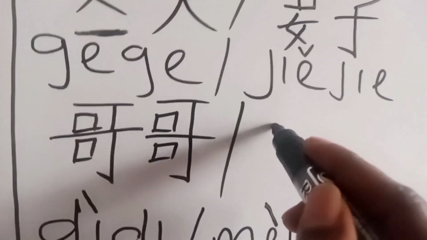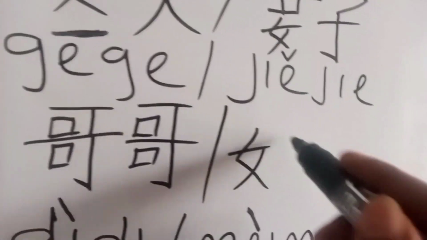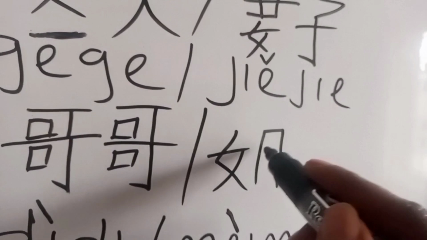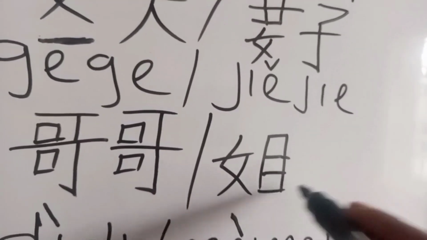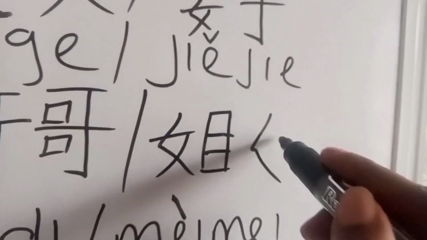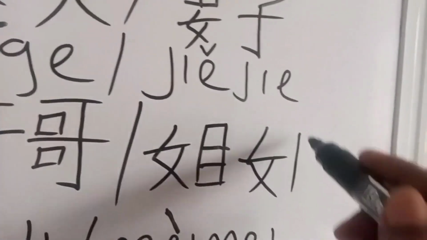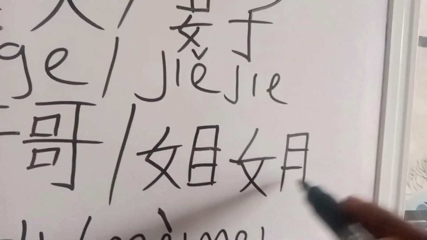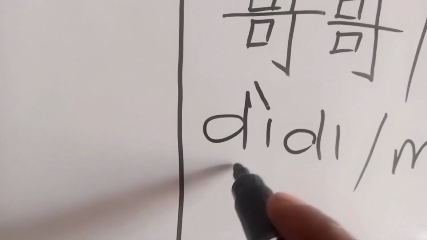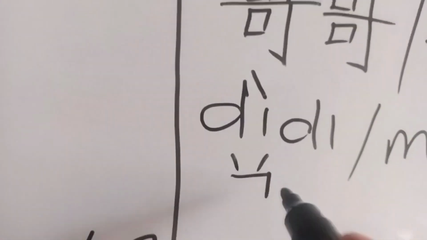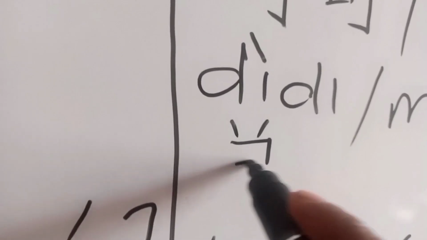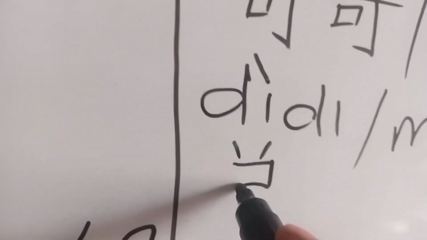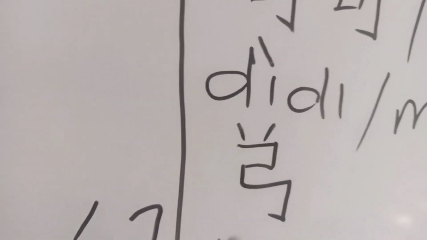姐姐. 1 2 3 you repeat it. 姐姐. 弟弟, you do like this.